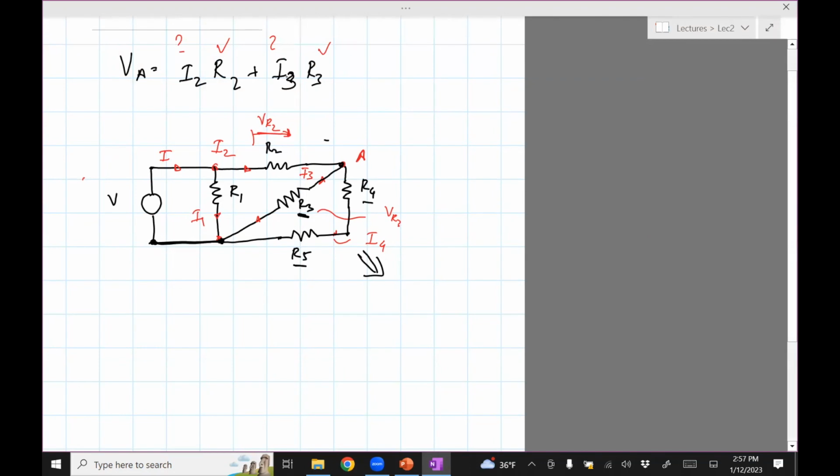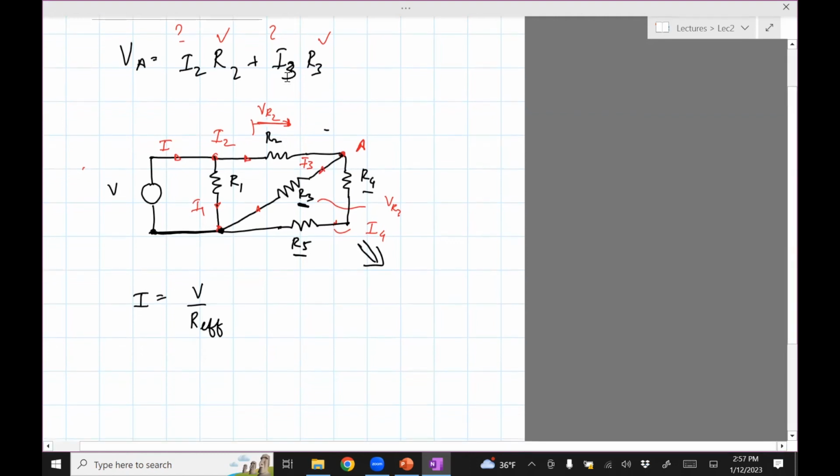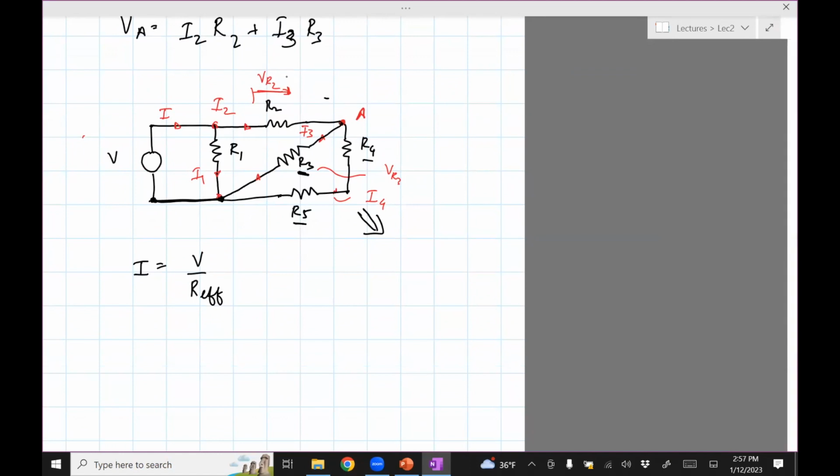Okay, so I need to get I2, I3. So we know what I is. I is going to be V divided by R effective. So we can compute I. Then instead of trying to solve it completely, let me just give you hints how I do it, and then let me fill the dots, and then you can refer to the notes later on.